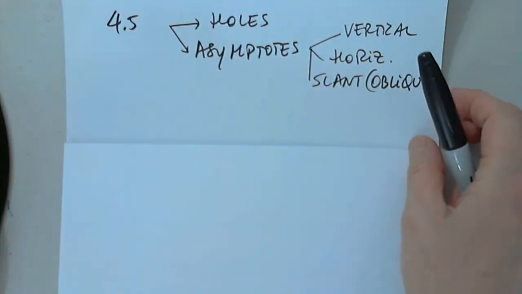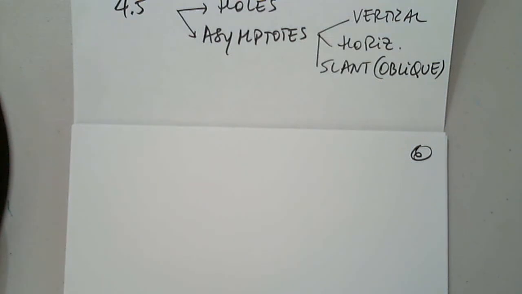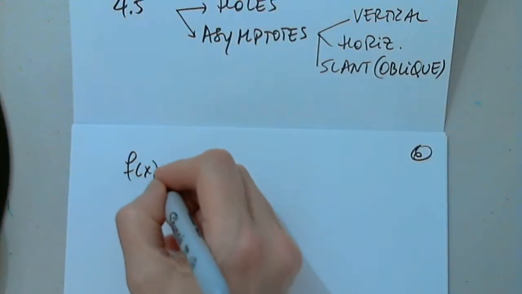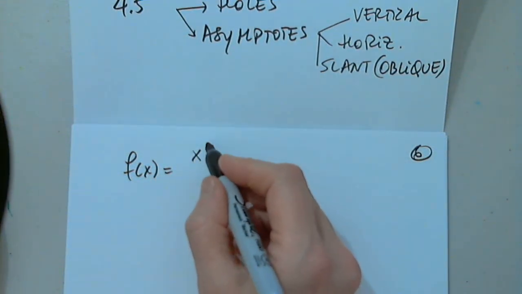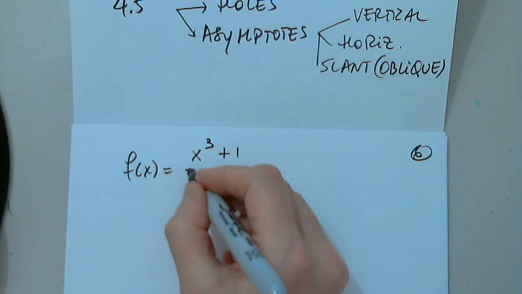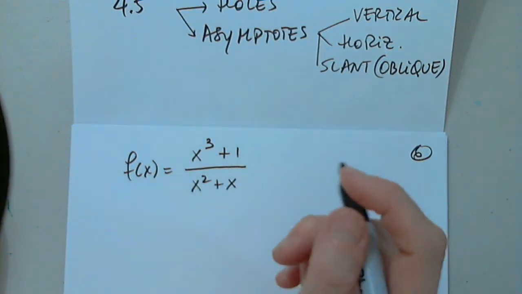So let me give examples. And I'm going to try and find one quickly, or just make one up. I'm going to make one up. So here it is. f of x equals x to the third plus 1 over x squared plus x.